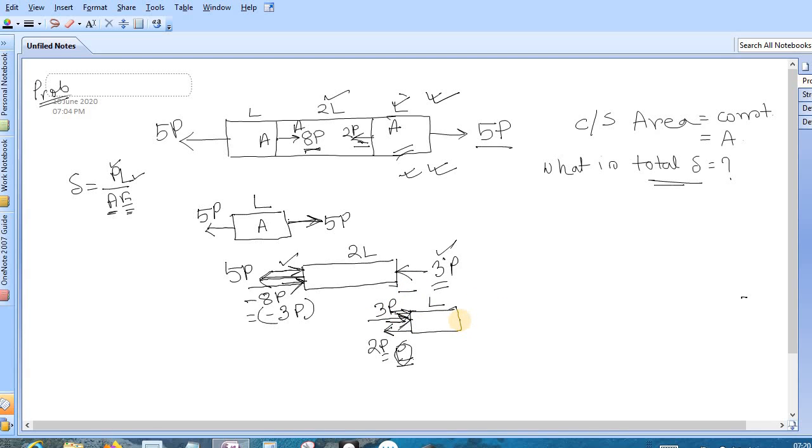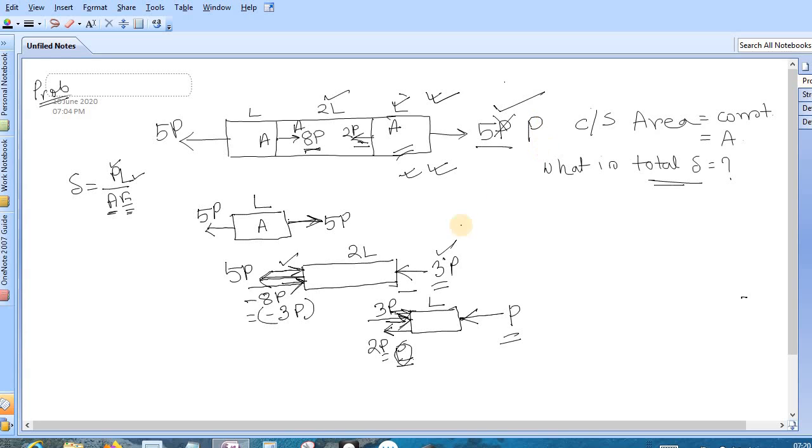So similarly, here also an inward force should act with magnitude P to maintain the equilibrium. That means this problem is actually fundamentally wrong. This force should not be 5P, rather it should be P.